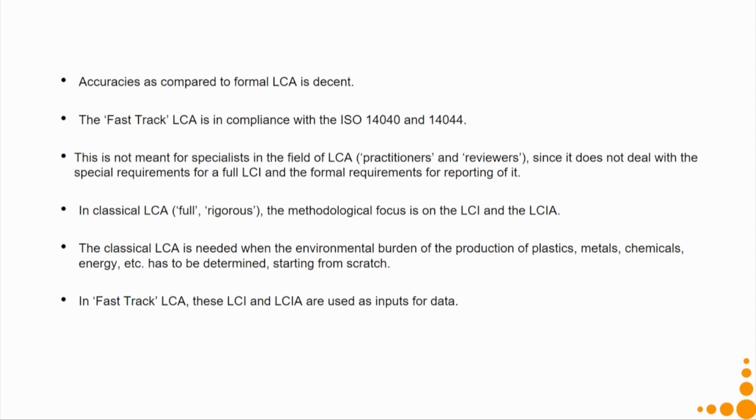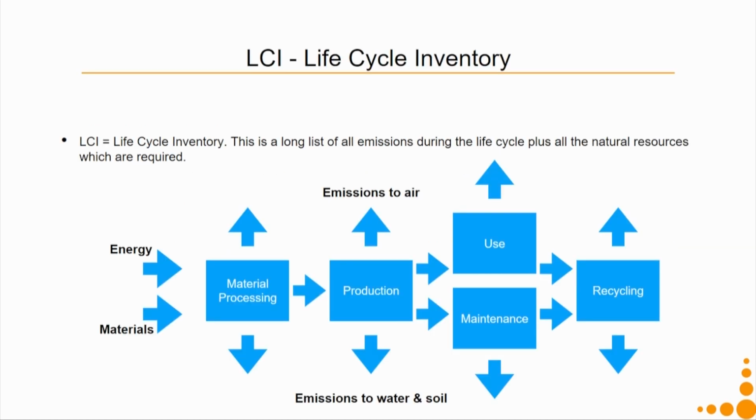So, in fast track LCA, the LCI and the LCIA from the classical LCA are used as input data. In fast track LCA, the focus is on comparing design alternatives, rather than on calculating the environmental burden of production of plastics, metals, chemicals, energy etc., as in classical LCA. So, what is a life cycle inventory?